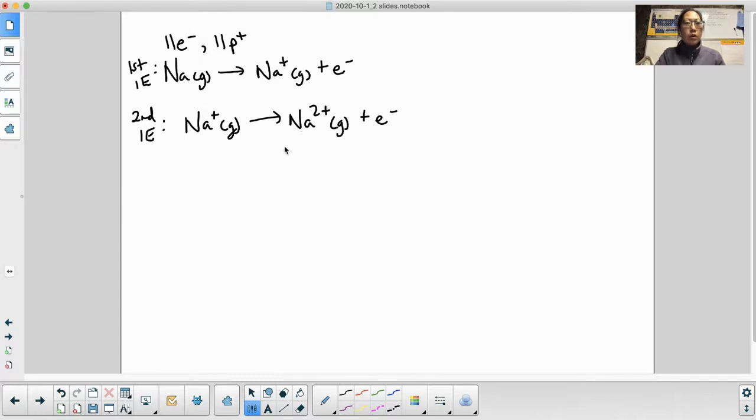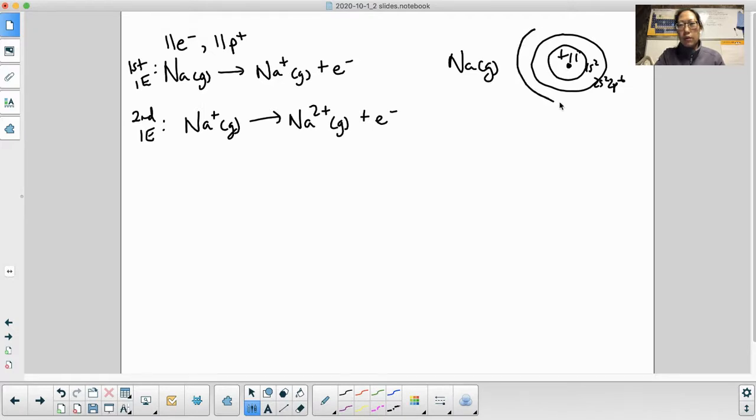So it's harder to remove this second electron, because if we look at the pictures of sodium and sodium plus, here's sodium gas. We've got our +11 nucleus, our 1s electrons as usual, our 2s2, 2p6 electrons as usual. And then in the outermost shell, we have our 3s1 valence electron.